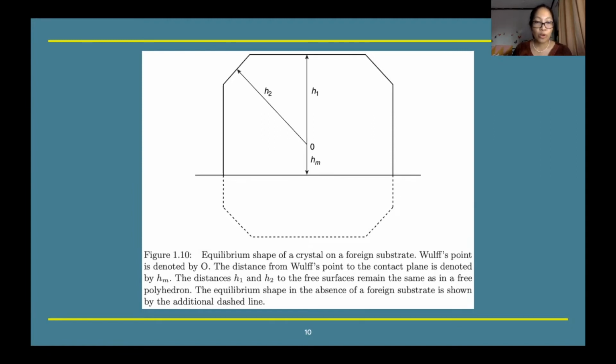And then the equilibrium shape in the absence of a foreign substrate is shown by the additional dashed line. So one of the important things here is that the distances H1 and H2 are distances from the Wulff's point to free surfaces of a free polyhedron.